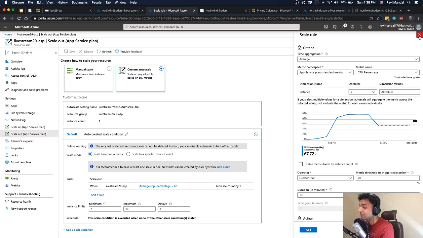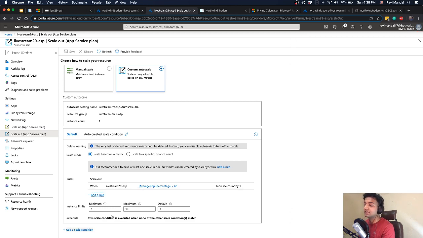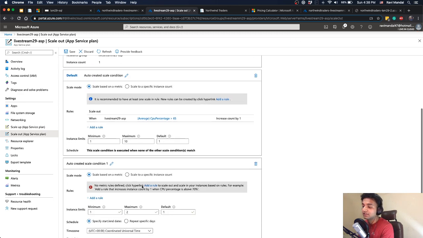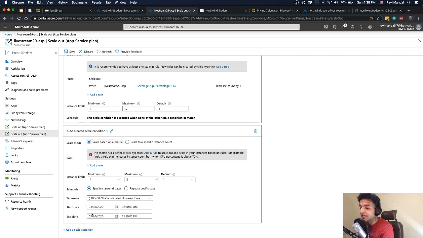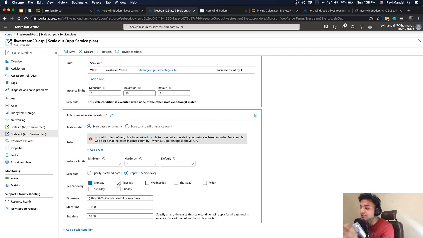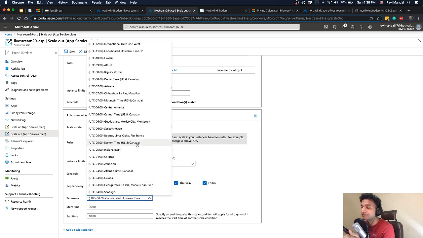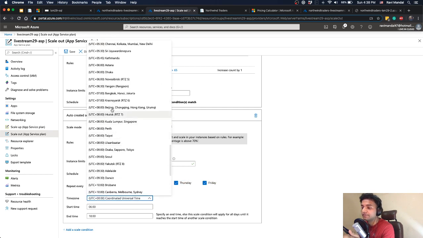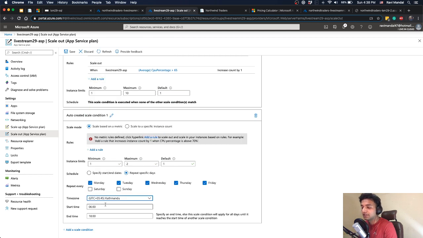Or if you want to scale in different scenarios, let's say, for example, you want to scale at a specific time, from a specific start date, or out for a specific period of time, you can do that as well. Or you can set a rule saying scale me on Monday, Tuesday, Wednesday, Thursday, and Friday, from 10 a.m. to 6 p.m. I'll set the time zone.